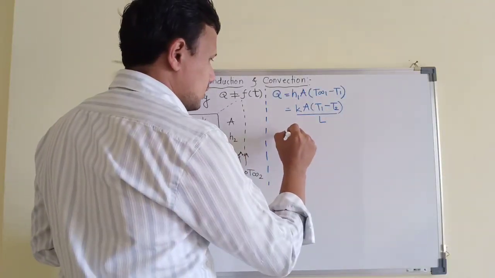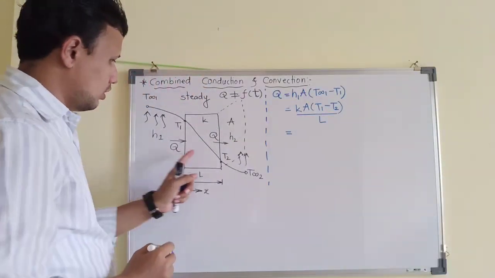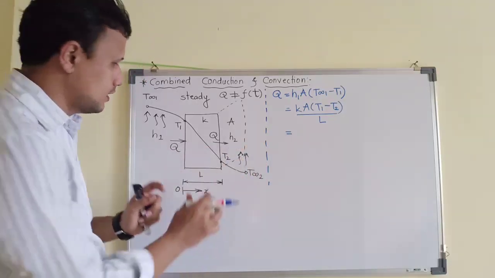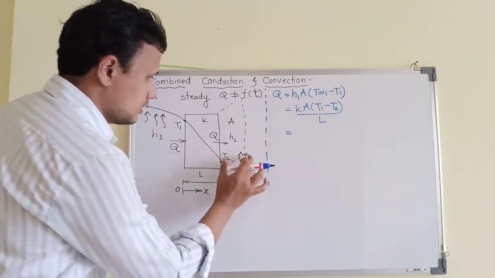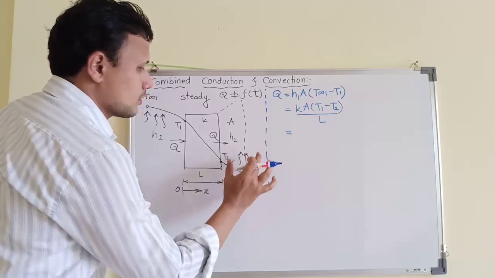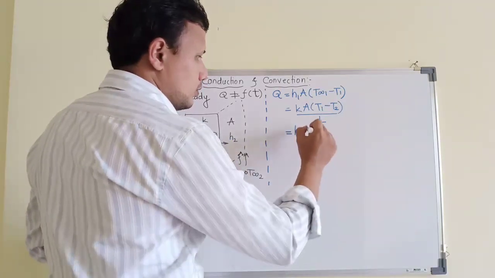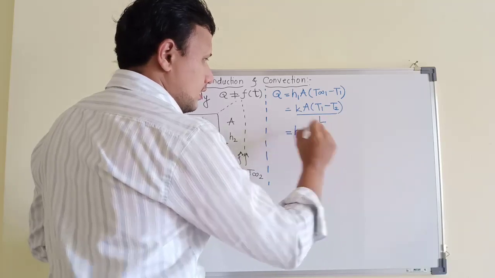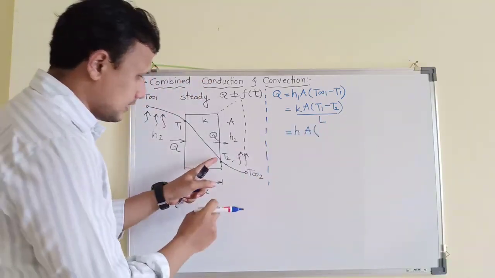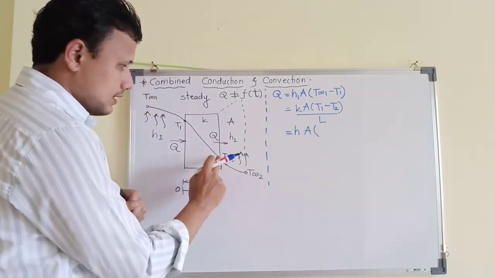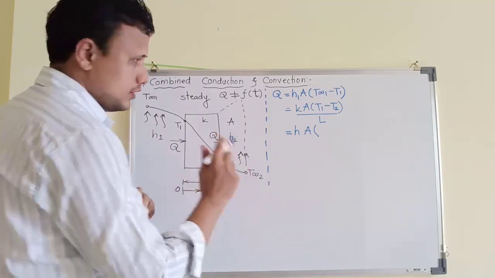Now it is also equal to, in all three sections heat transfer is equal. We have written convection, conduction. Now we are again going to write convection. Because it is convection, it will be given by Newton's law of cooling, hA delta T. Delta T in this case is higher temperature minus lower temperature. That's why T2 minus T infinity 2.